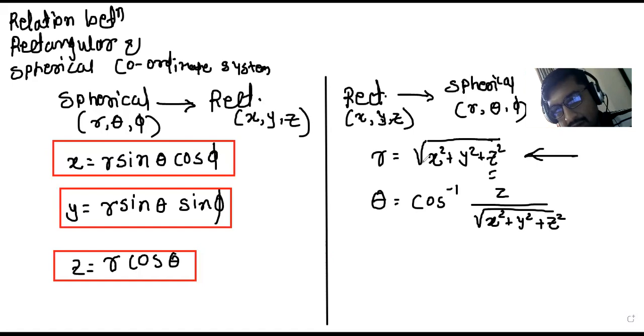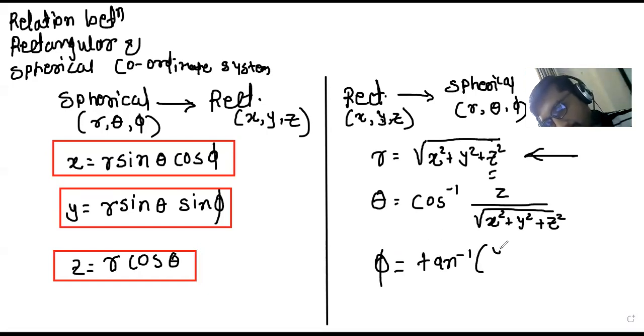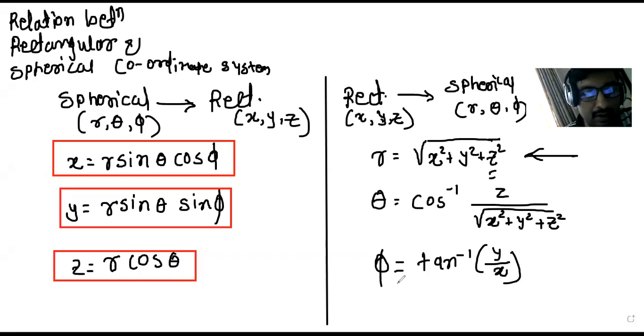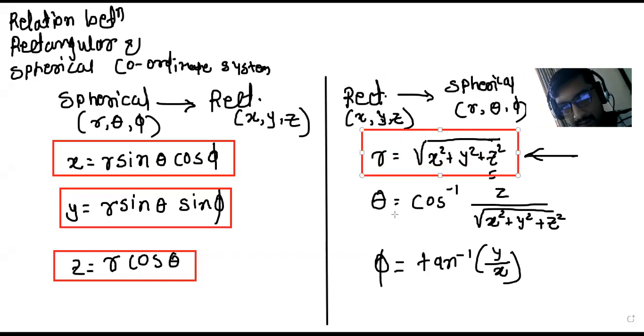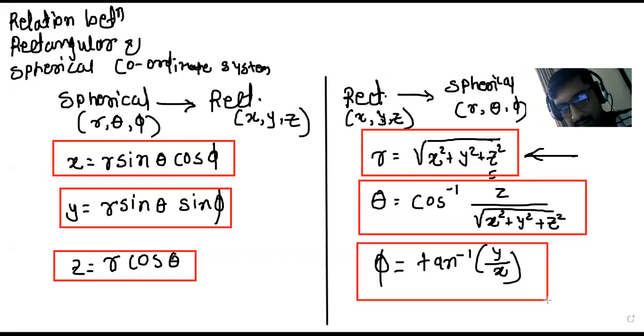If you have already calculated r, you can simply consider this as cos inverse z by r. Then you can find phi, which is equal to tan inverse of y by x. As I said, the value of phi would be the same for both cylindrical and spherical coordinate systems. Let me highlight once again: this is r, this is theta, and this is phi.